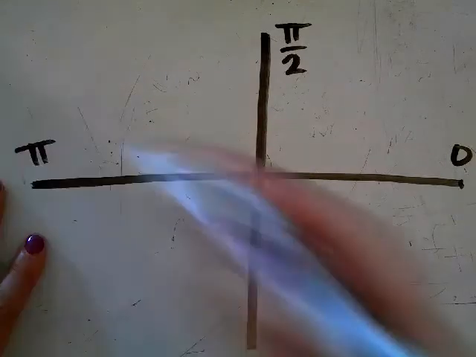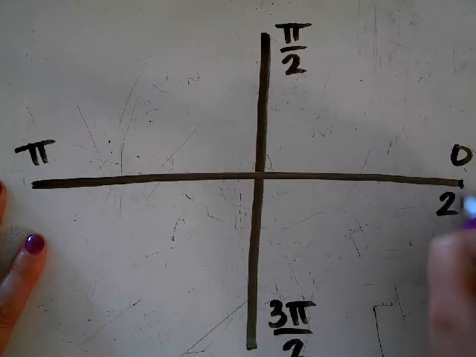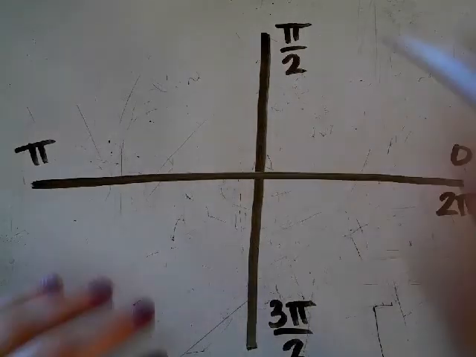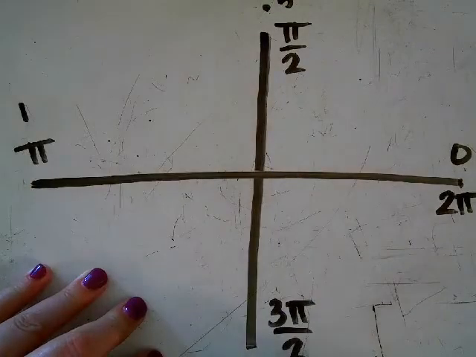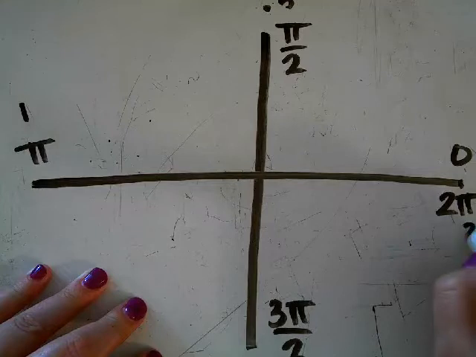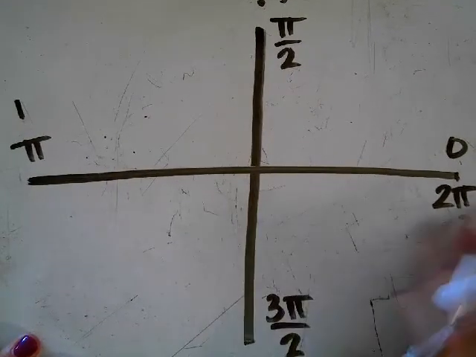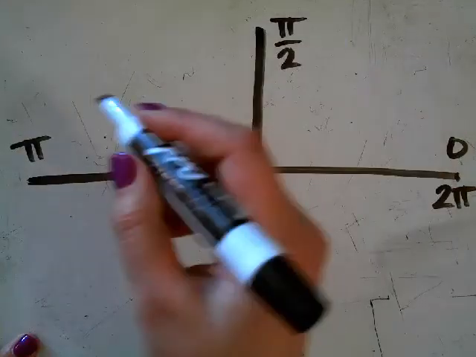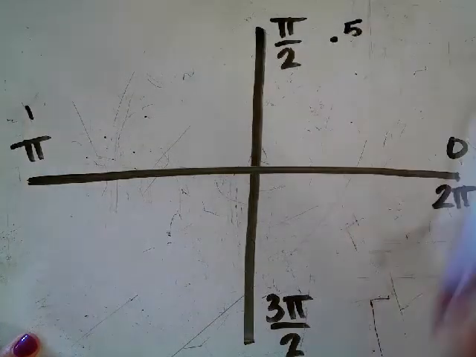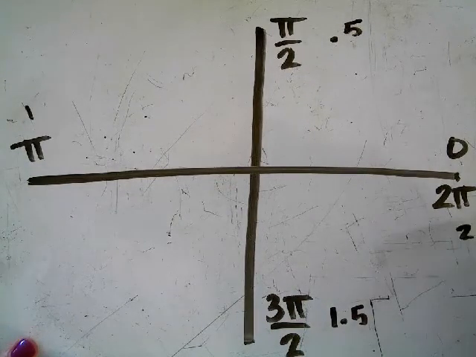I'm just going to write the decimals of these nearby so that I can kind of think of them. So this is a 1, this is a 0.5, that's a 1.5, that's a 2. This is going to help me think in terms of fractions.